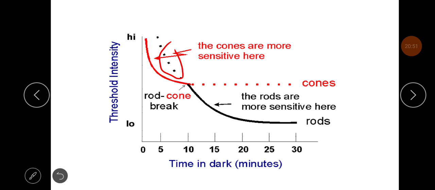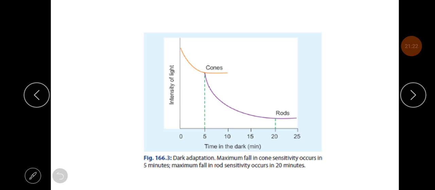By the time it reaches 25 minutes, most of the rods become active and responsible for the dark adaptation. So initially the cones get adapted, and later the rods get adapted by increasing the sensitivity and decreasing the threshold of rods. Usually dark adaptation takes around 25 minutes.